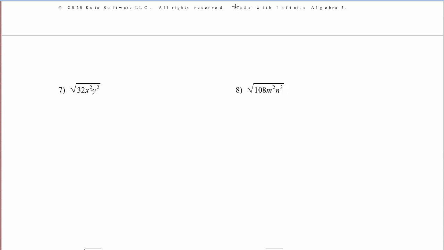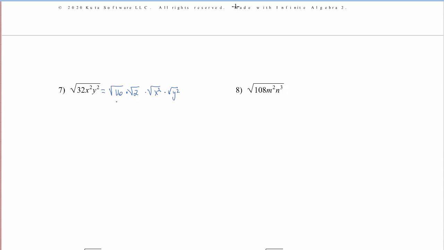Square root of 32, x squared, y squared. Well, 32 is not a perfect square, but you know what is? Yes, the square root of 16. And 16 times 2 gives us that 32. So we break 32 apart into 16 times 2. X squared is a perfect square, which is nice. And so is y squared.